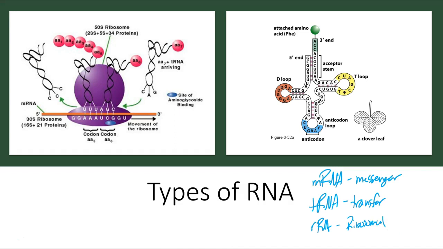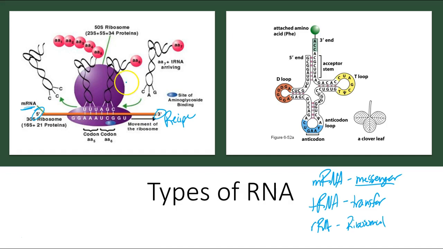You can see all 3 types in this slide. We've got our messenger RNA, which can be seen here. It is a single strand, 5' to 3', of RNA. Messenger RNA, just like it says down here, is our messenger, and so this would be our recipe that we use to produce a protein ultimately during translation.